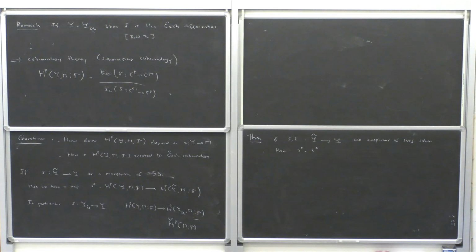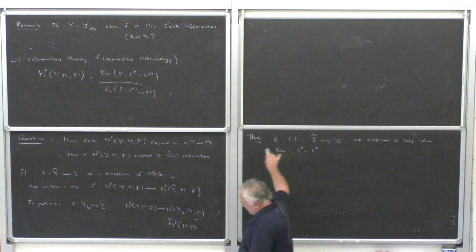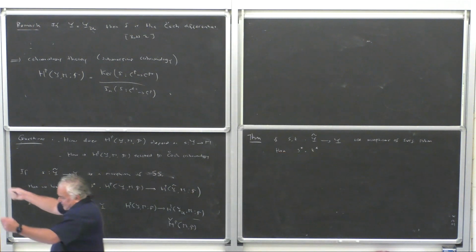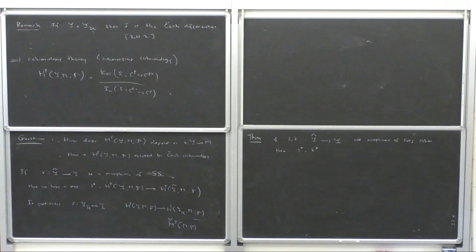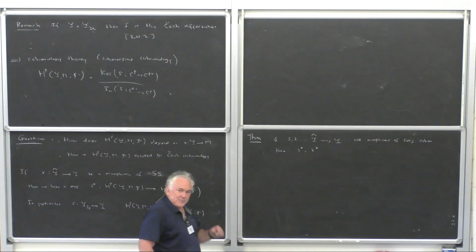So then they give the same map on cohomology. So whenever I have two surjective submersions, I don't have to worry. I just have to find one morphism between them, and then I can compare the cohomologies. It doesn't matter which morphism I choose.